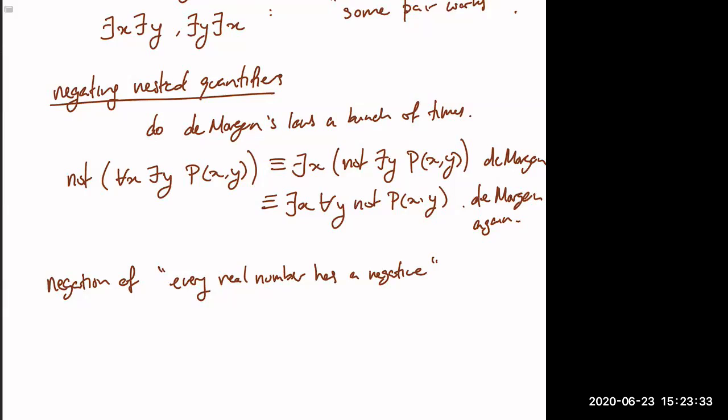So every real number has a negative. What does this mean? This is another way of saying the same thing we wrote above, that for all x exists y such that x plus y equals 0, right? We're saying every real number has another real number, which is its negative.